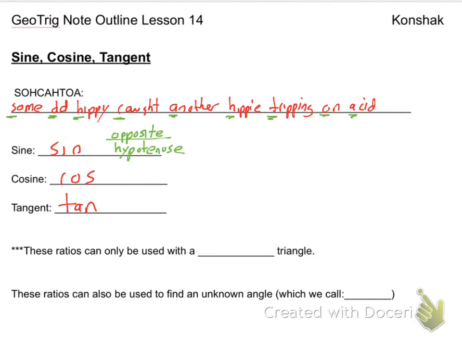Cosine uses what letters? C-A-H. So C is the cosine, A stands for adjacent, and H is still the hypotenuse.